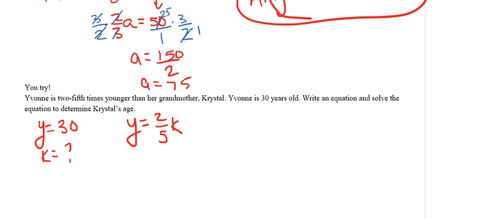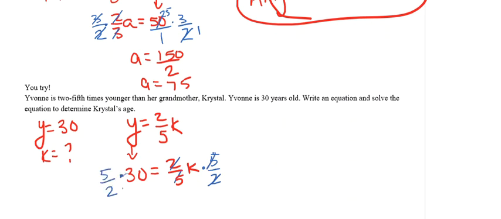So Yvonne is 2/5 times younger than her grandmother Crystal. So you have two variables right now, and that's not what we want. Do we know the value of either one of these variables? Yes, we do. We know that Yvonne is 30, so it's going to be 30 is equal to 2/5 k. The variable is on the right side, and we want to isolate that k. We have a fraction, so we're going to multiply by its reciprocal, which is 5 over 2. The 2's go away.